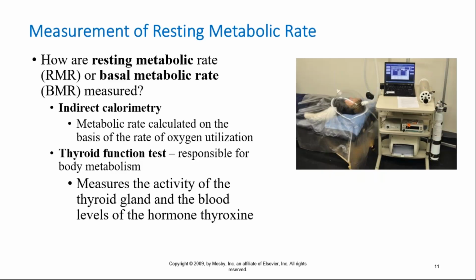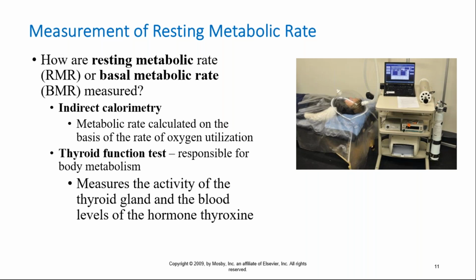The resting metabolic rate, or the basal metabolic rate, is actually measured by what is known as indirect calorimetry. Here you are resting, and the amount of oxygen that you are using during the resting period is calculated, and the amount of oxygen that has been used is back calculated to give your resting metabolic rate or basal metabolic rate.